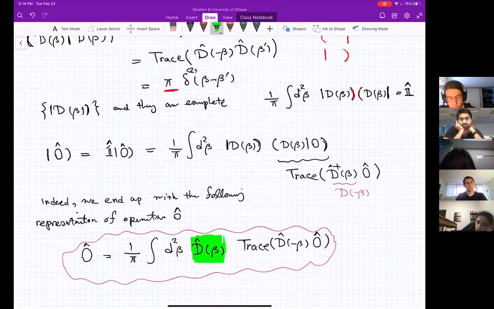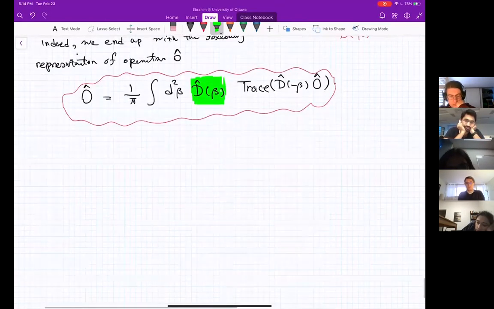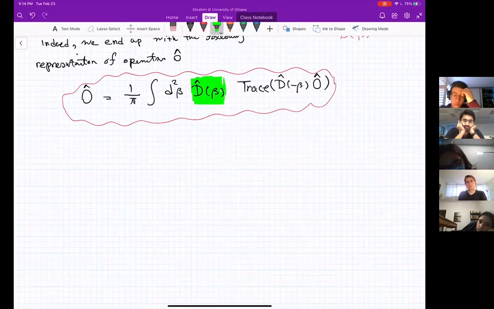We can just do the expansions and see what we get. Any questions? Is it clear? Or is the mathematics getting a bit complicated? Good. Is this valid for any operators? Yes.